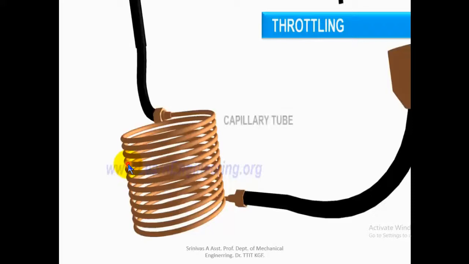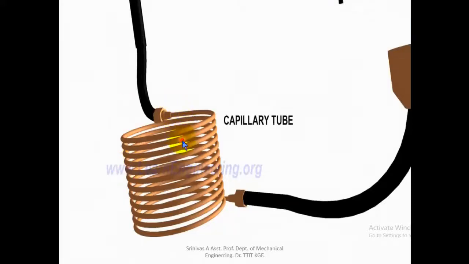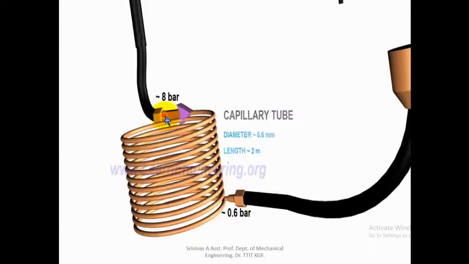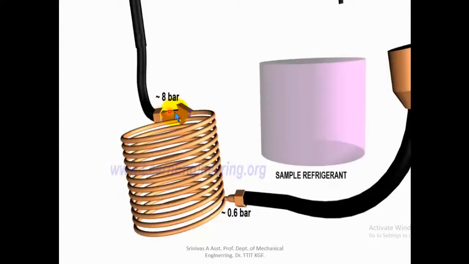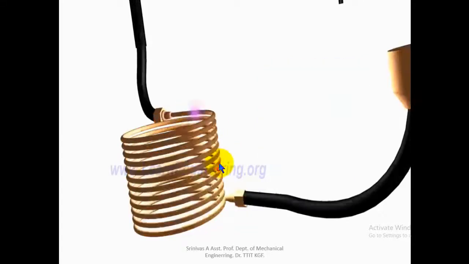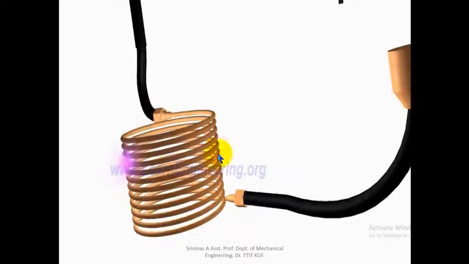The expansion valve is connected to the compressor side, and the end of it is connected to the evaporator coil. What comes from the condenser is high pressure liquid. Passing through the throttling effect, or the expansion valve, the pressure decreases gradually, and because the pressure decreases, the temperature also decreases.